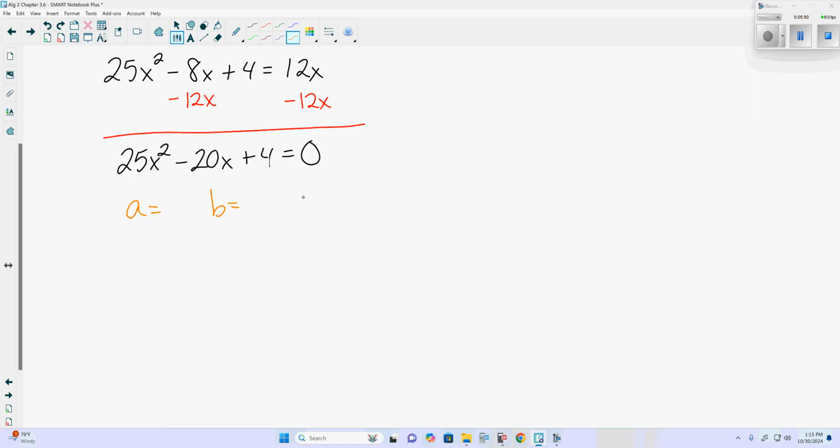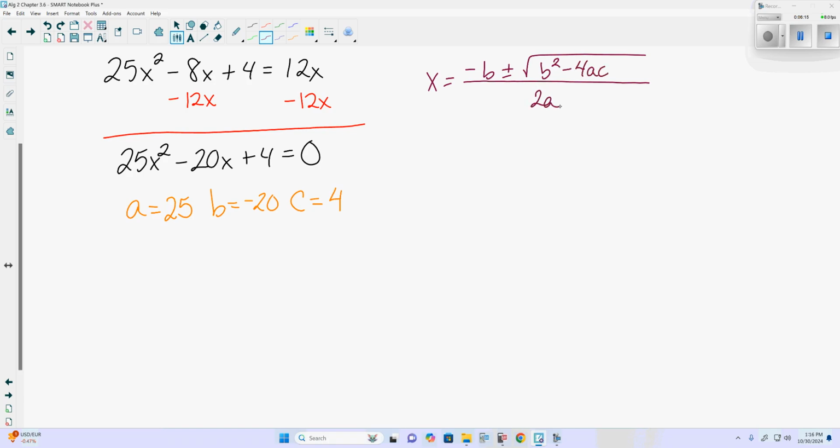A, B, C. Our value of A is 25. Our value of B is negative 20, and our value of C is positive 4. x is equal to negative B plus or minus the square root of B squared minus 4AC, all over 2A.